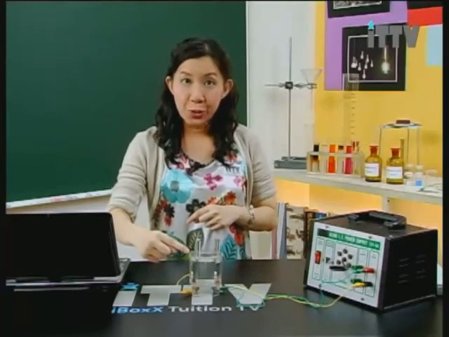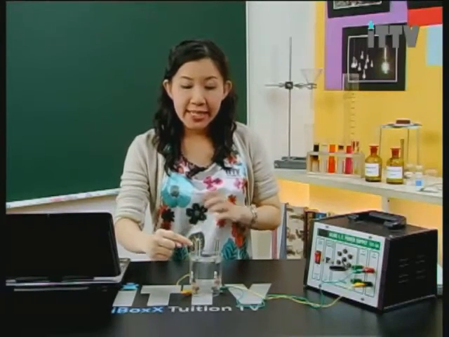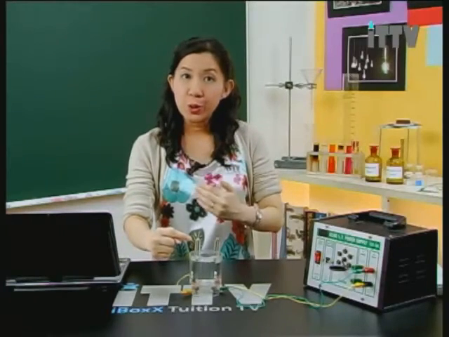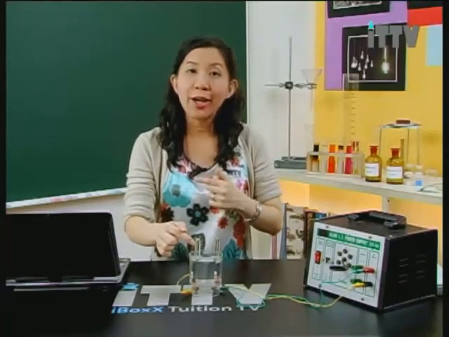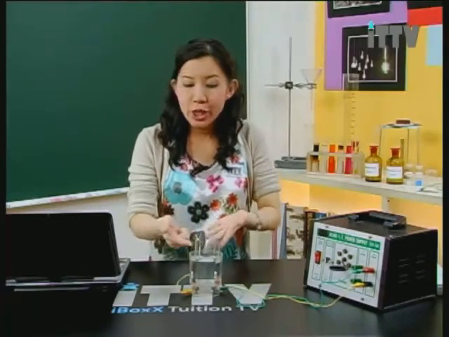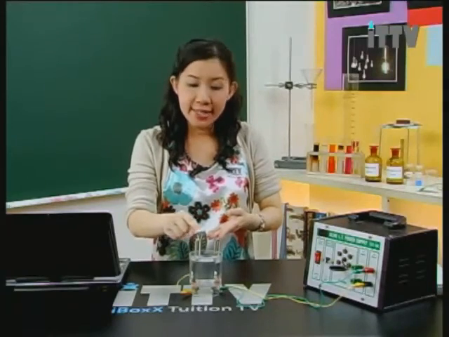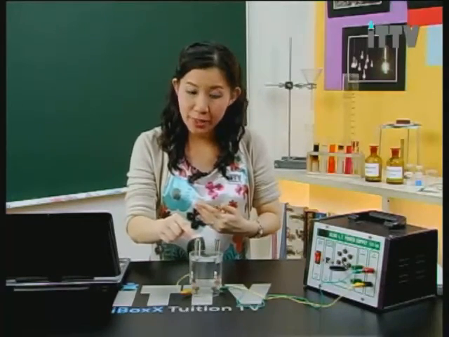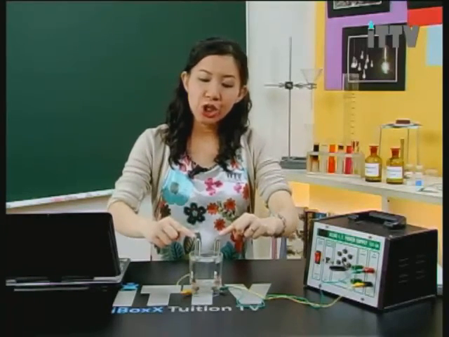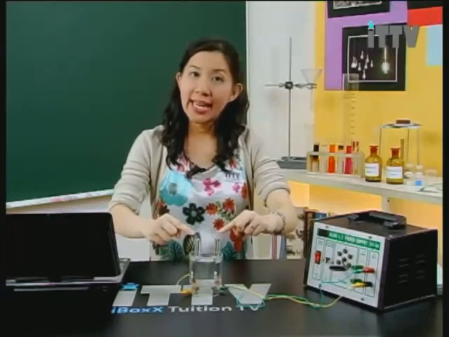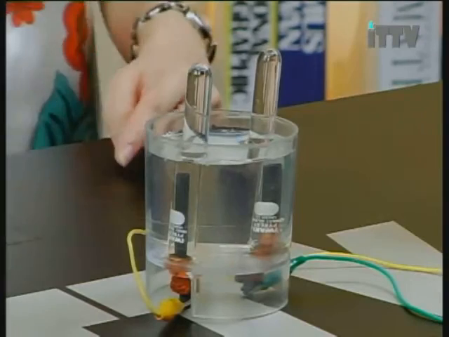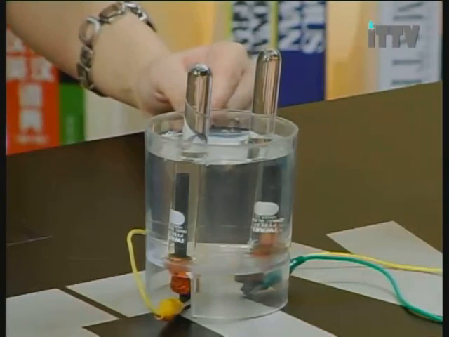Now this is the cathode, and it would be expected that at the cathode, hydrogen ions will be reduced, and hydrogen ions, upon reduction, will produce hydrogen gas. So hydrogen gas should be collected over here at the end of the experiment. So in conclusion, this should be oxygen gas and this should be hydrogen gas collected at the end of the experiment. We would have to wait for some time because this experiment takes quite some time to happen.